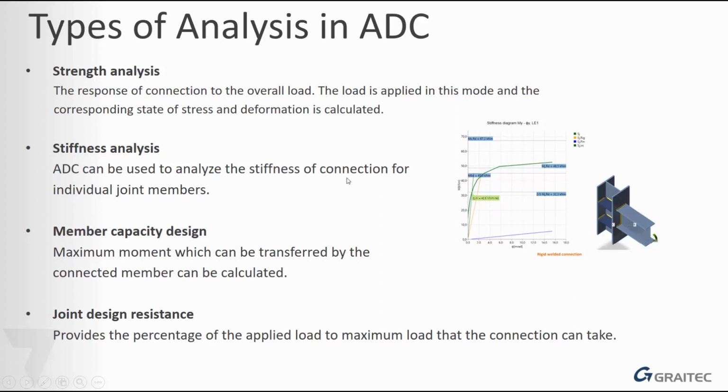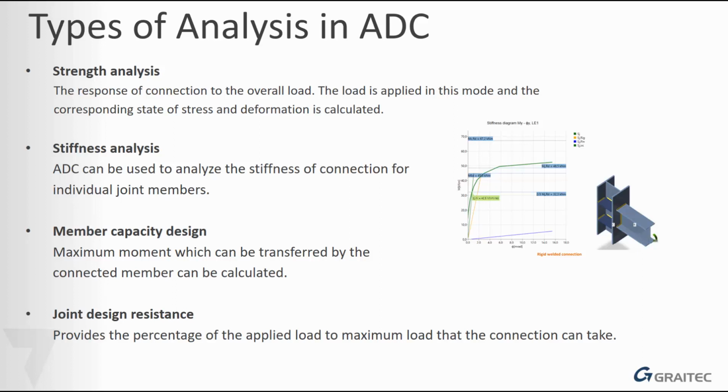So you don't need to define the beam to column connection as completely rigid or completely hinged. Using ADC, you will be able to calculate the exact stiffness value of your connection and apply it in your general member finite element modeling software, and it will help you have more realistic behavior.